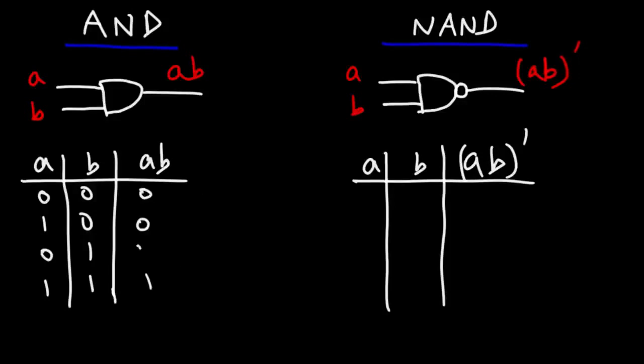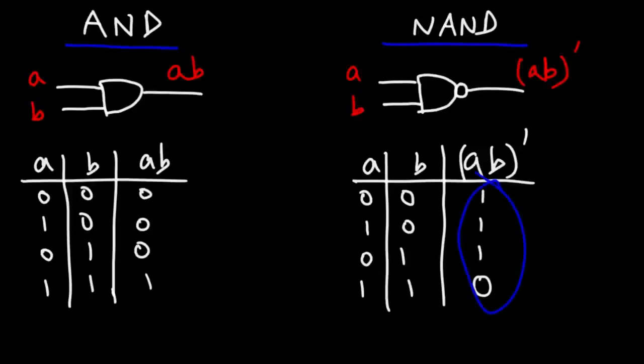Besides that, it will be a 0. In the case of a NAND gate, when both inputs A and B are on, the output will be off. So as you can see, this column, rather, is the complement of this column.